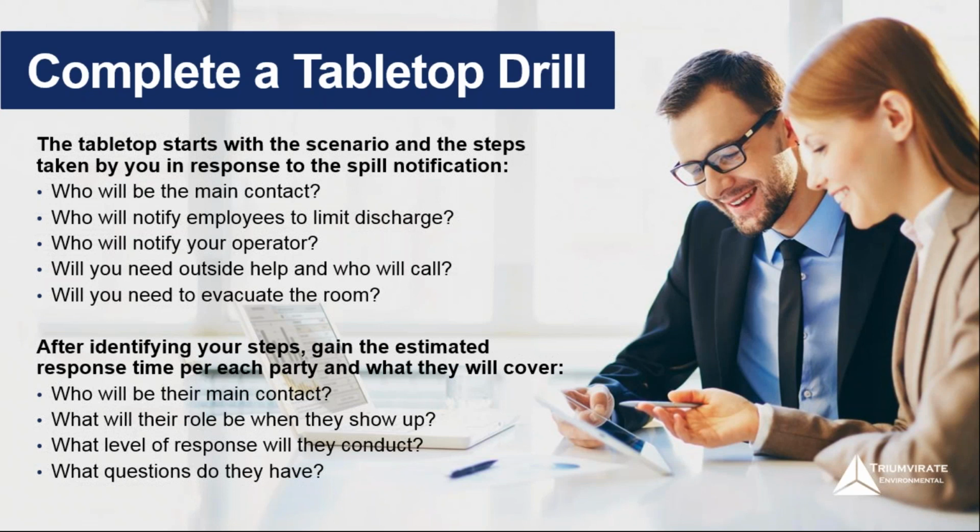In some cases, we've done these with facilities where they had a secondary or a tertiary contact in the event of a spill, where they actually wanted to test the secondary or tertiary, and that primary person actually left site and went off site for lunch and played the scenario that they weren't there, and then would come in as it was going just to help oversee and monitor what was going on.